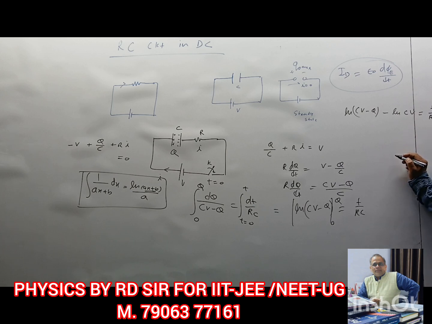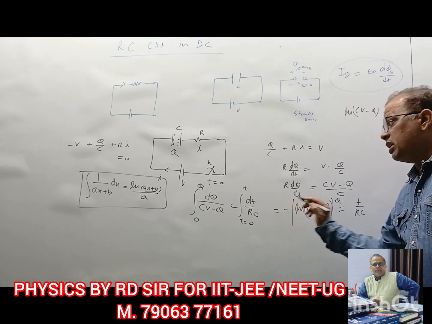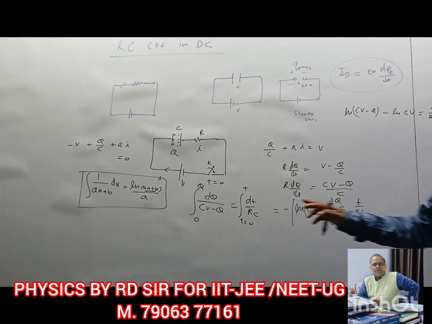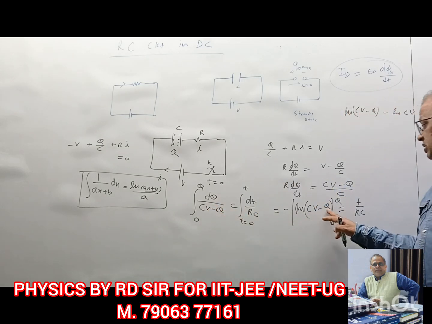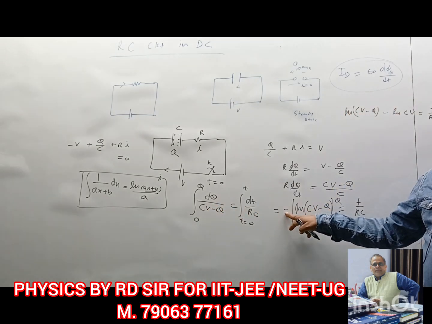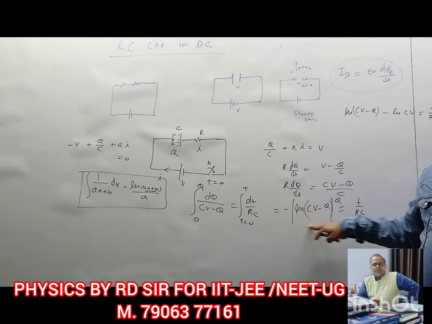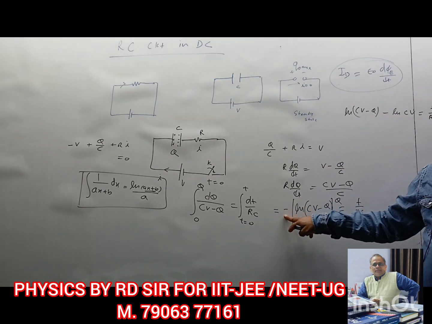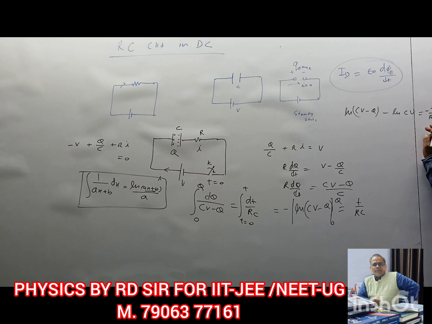And minus is also there because I am integrating this side. So ln (CV minus q) upon the derivative of CV minus q, which is minus 1, so we also divide by minus 1. So this minus comes here. Are you getting my point?